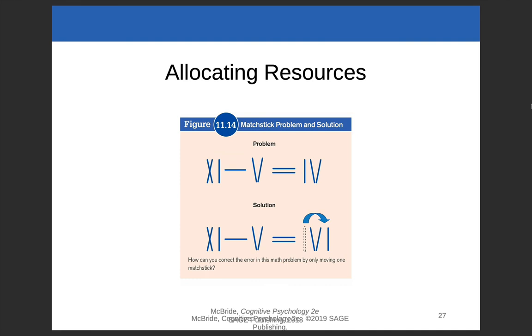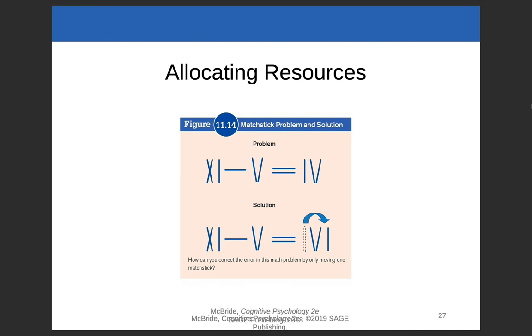The problem is that the formula on the top is written in Roman numerals and it's wrong. Basically it's XI minus V equals IV, which in Roman numerals translates to 11 minus 5 equals 9. And of course, 11 minus 5 is not 9. 11 minus 5 is 6.